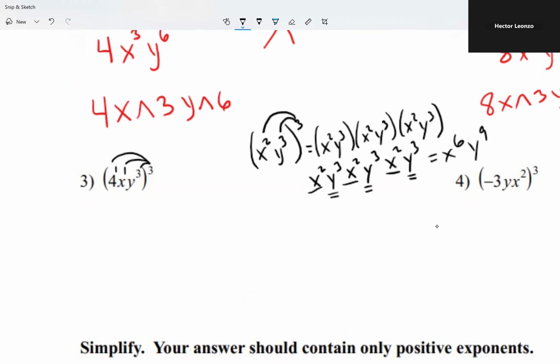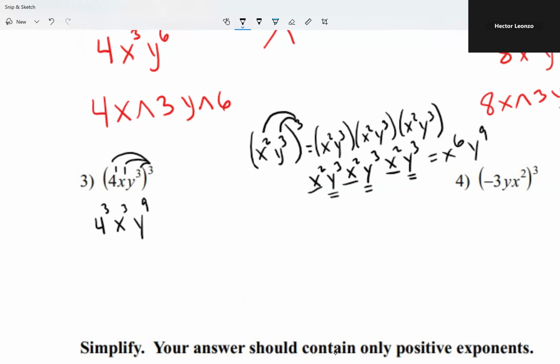So that's going to give me 4 to the third, x to the third, and y to the 9th. Notice I multiply the outside exponent to the exponents on the inside. Okay, that was not bad.